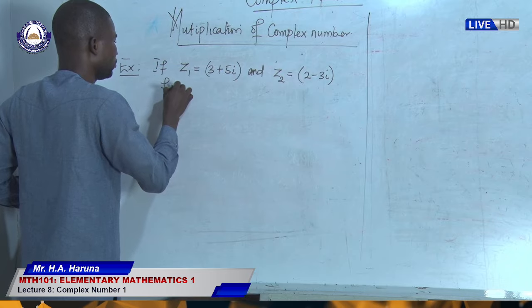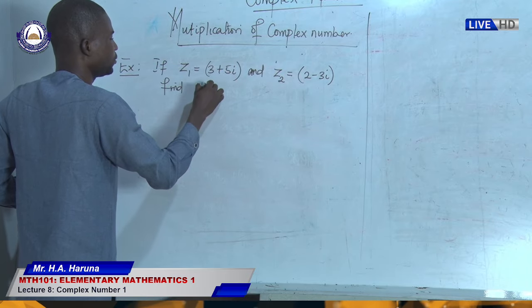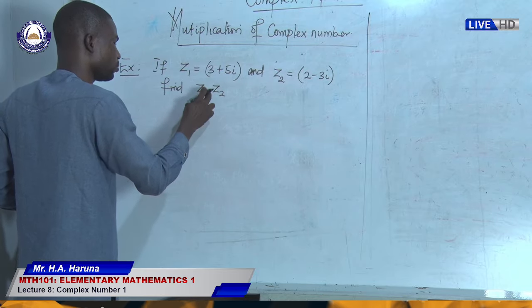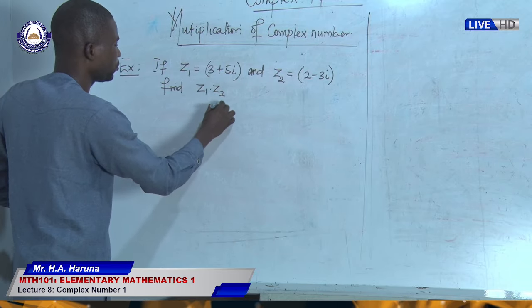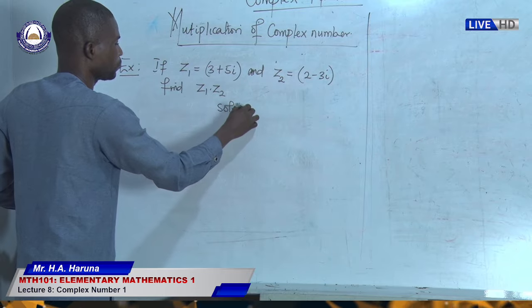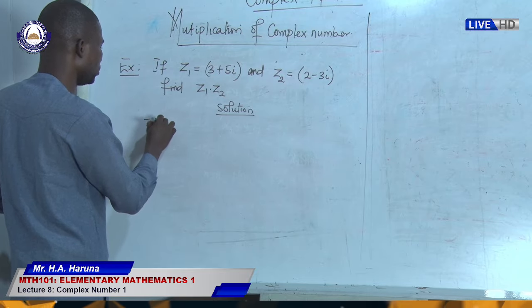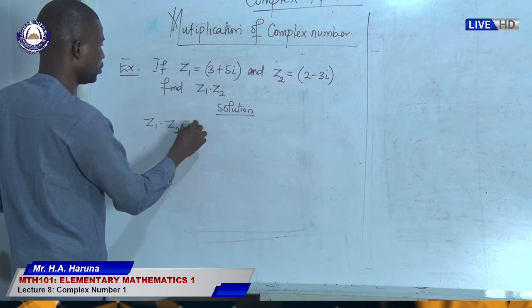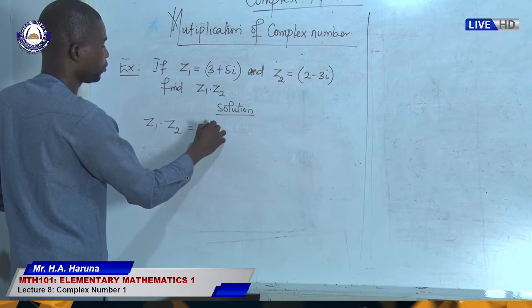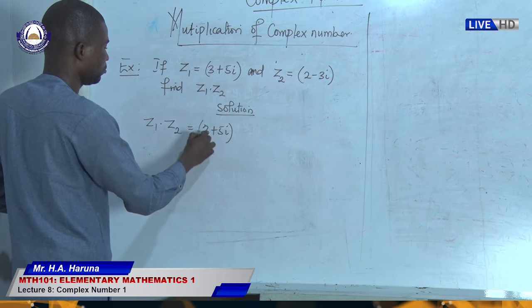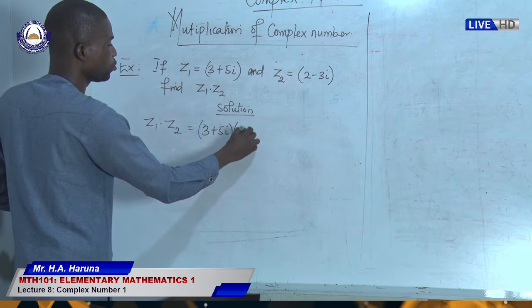Find Z1 times Z2. This dot is multiplication, so solution. Z1 dot Z2 equals 3 plus 5i and also 2 minus 3i.